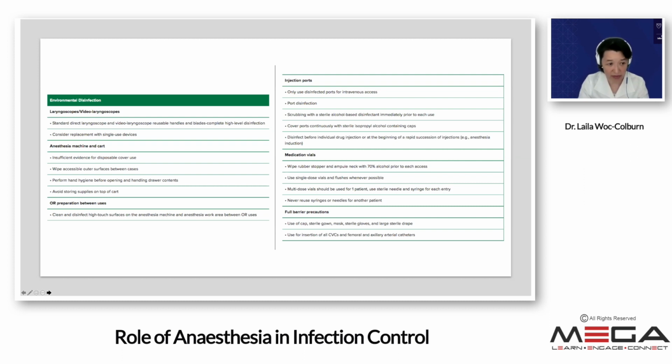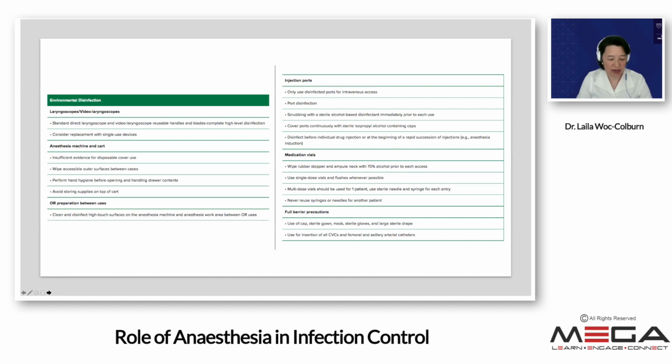Your cart and your machine: even if you have a disposable cover, that actually doesn't help, because you can have areas that are clean and dirty, so it's a mixed place. You want to be wiping off, and you really don't want to be storing any supplies in the cart. If you have drawers, you want to make sure those drawers are clean all the time.